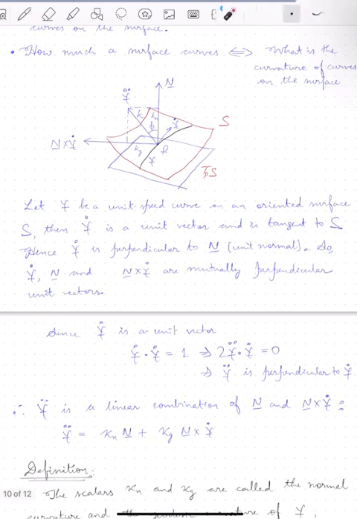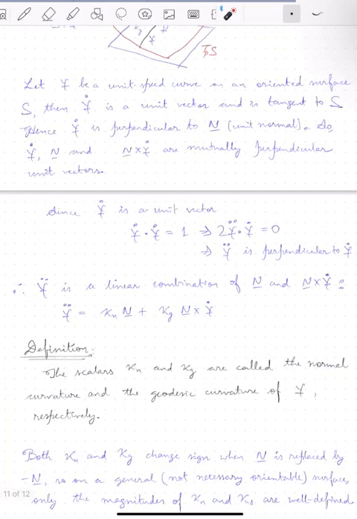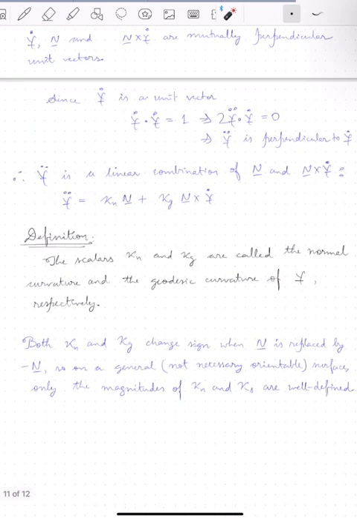This makes gamma double dot reside in the plane spanned by the n vector and the n cross gamma dot vector. So we have expressed gamma double dot as a linear combination of these two vectors, and the components are given by kappa n and kappa g.